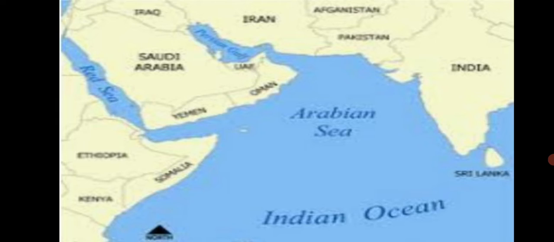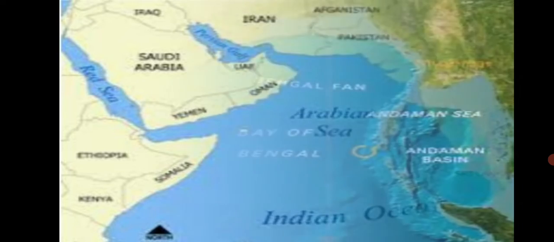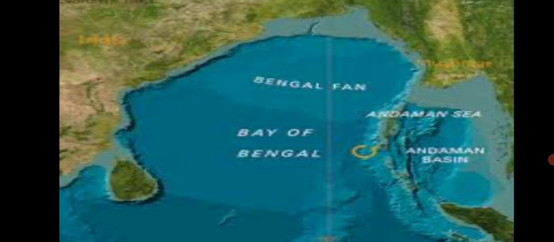For example, sea. Now you know that we have the Arabian Sea towards the western coast of India. So the sea is formed. Another example is the Bay of Bengal, towards the eastern coast of India. Towards the western coast, we have the Arabian Sea, and on the eastern coast we have the Bay of Bengal.